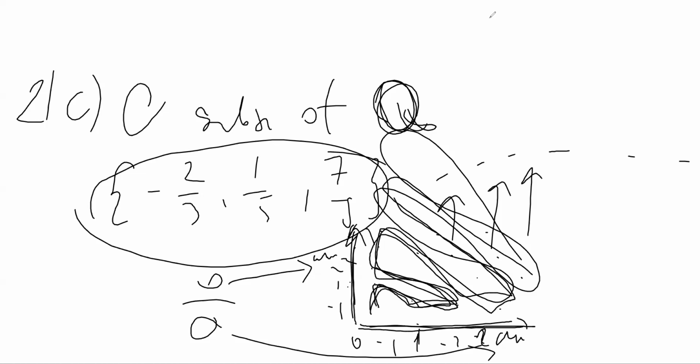And so once you order them, you can just take the leftmost number, right? Say you have 1 divided by -1, and you have 2 divided by -1, and you have some number like -2 and 5 or whatever.